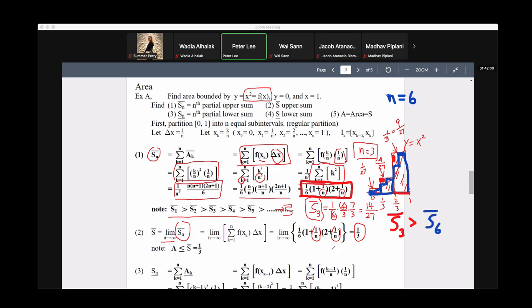So now when you compare our area to our upper sum, which one is bigger? Is the upper sum bigger or is the area bigger? Compare our area under the curve versus the upper sum.